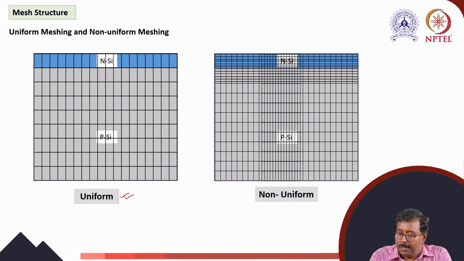You see, here the grids are arranged in such a way that in the middle portion along the x-axis there are closely spaced vertical lines. Similarly, in the top portion of the device, the horizontal lines are closely spaced. So this is not uniform meshing. This is non-uniform meshing. It has a specific advantage, which I'll discuss.